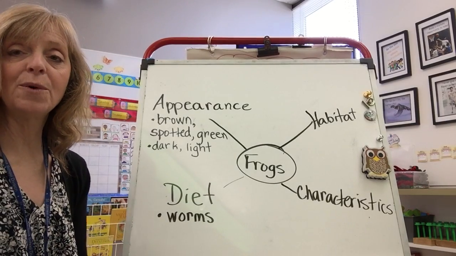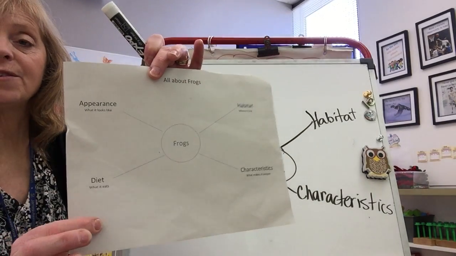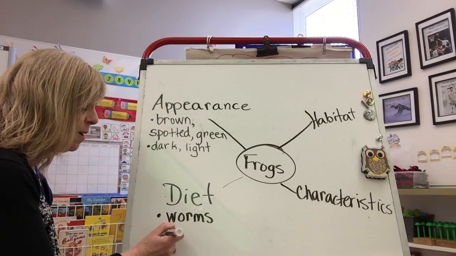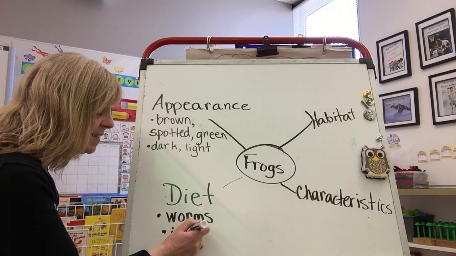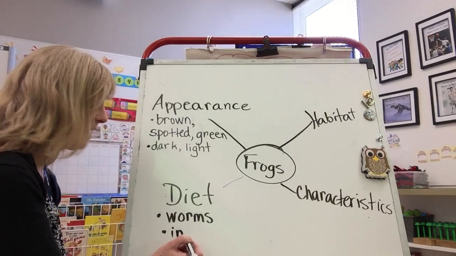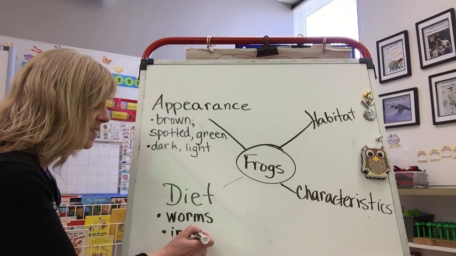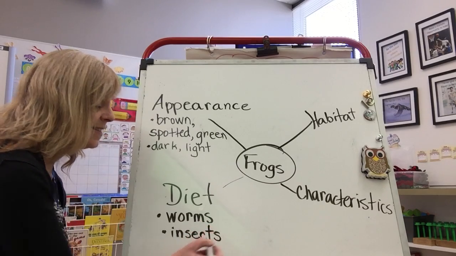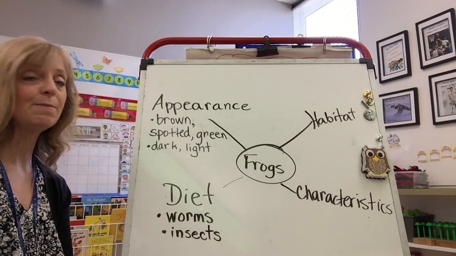So you can write that word on your page under diet, worms. But the most common thing for small frogs is insects. I-N, just like in. Insects. That's most common.